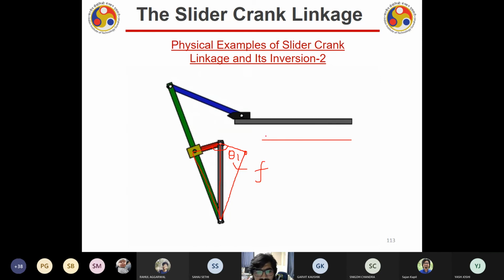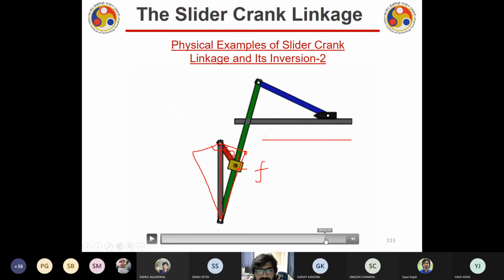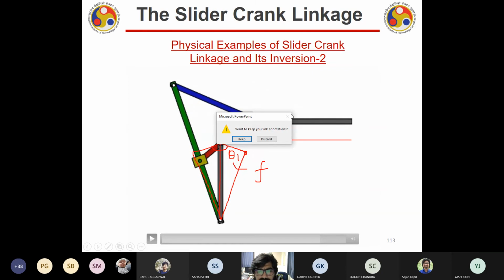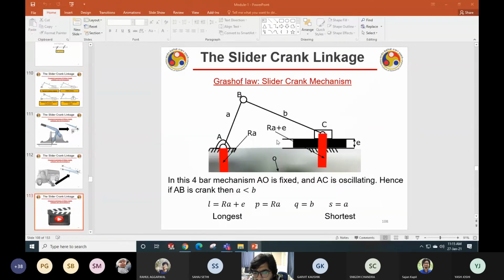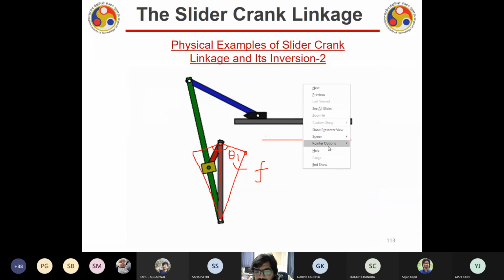In this, it came. Sorry, let me just see it and then let me tell you. Yeah, it goes back from this point onwards. So this is the backward motion. I'm sorry for this. Let me just redraw it. I said it is the backward motion, correct?